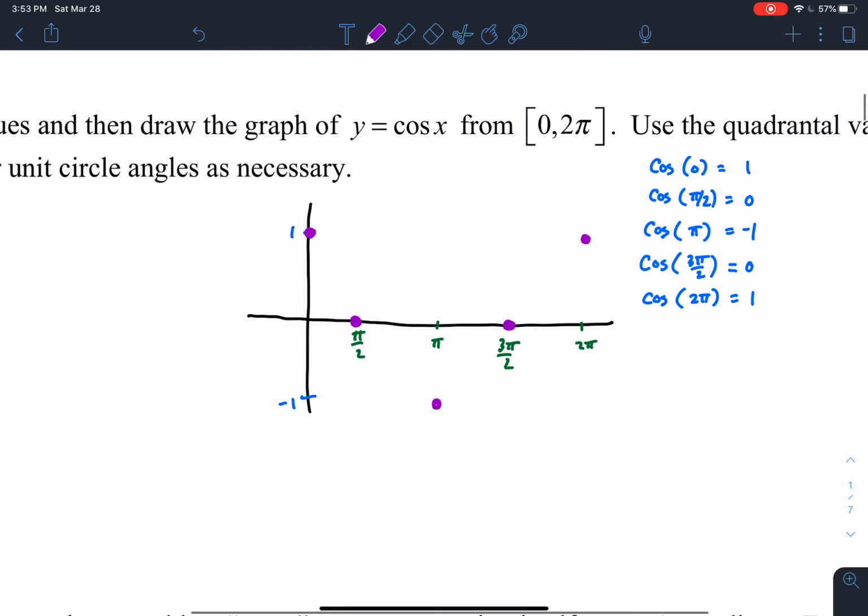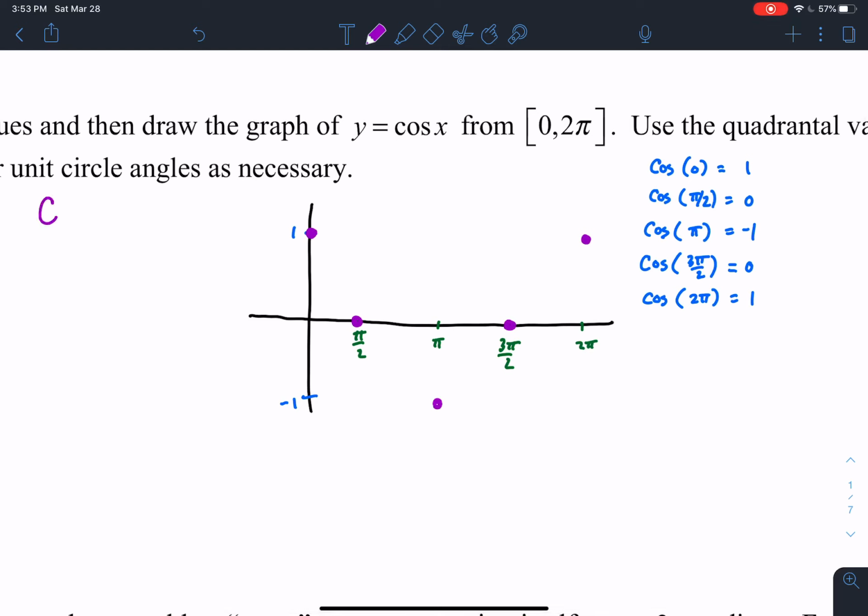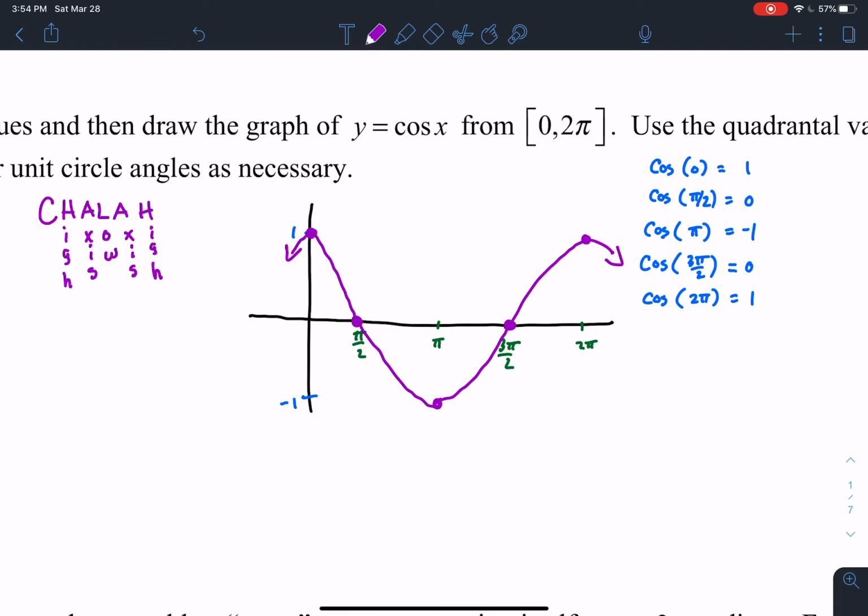Okay, so for cosine, you have the acronym CHALA. That's high, axis, low, axis, high. That should help you come up with the graph every time for cosine. All right, so the cosine graph looks like so.